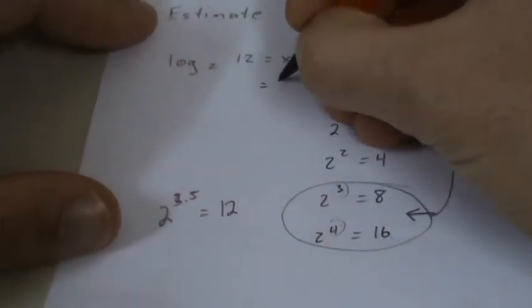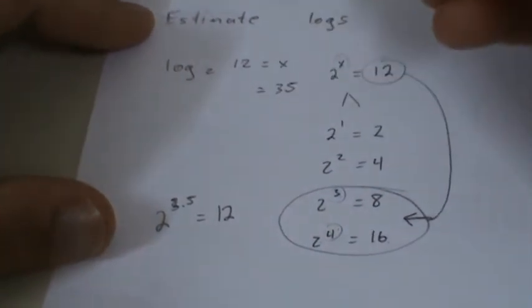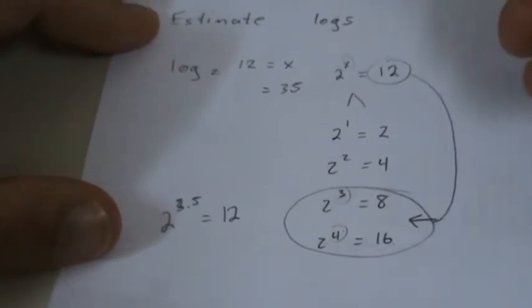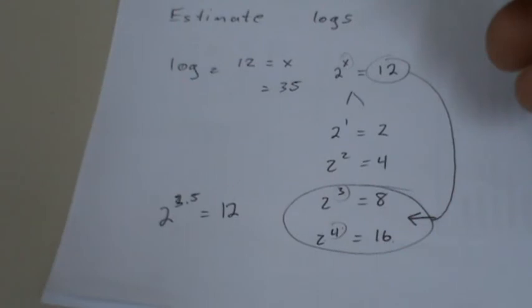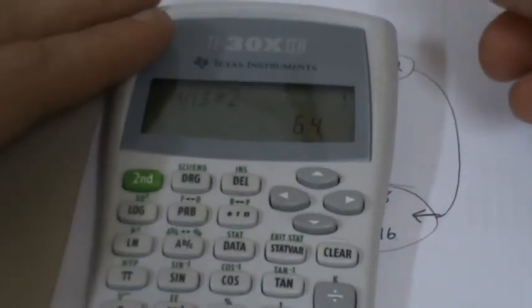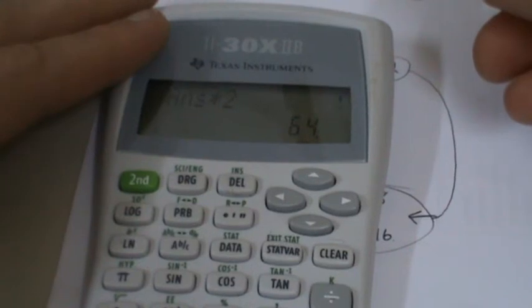And so I would estimate this at 3.5. Right? It's right exactly halfway between. So, I don't know, it's probably more like 3.6 or 3.7. We can test a few values just to make sure that we know.